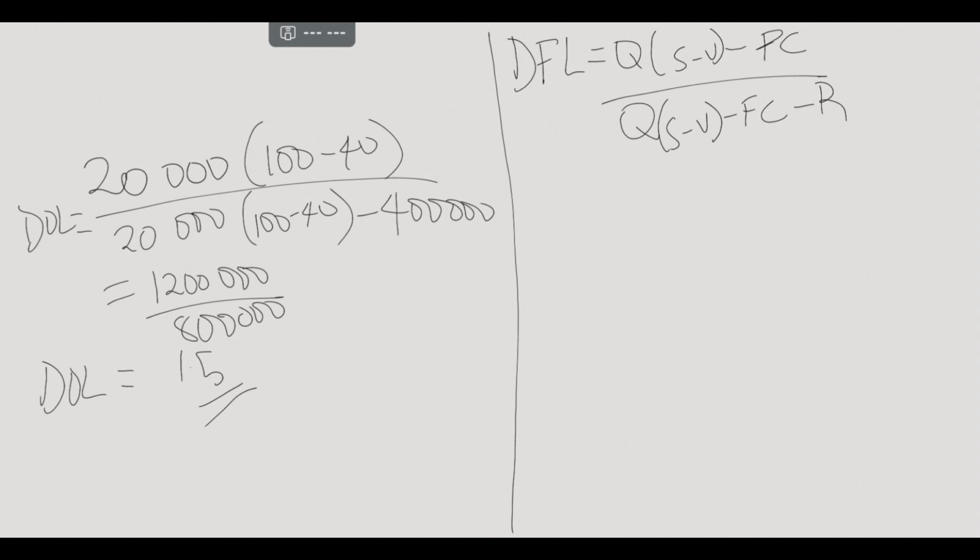We're not told anything concerning preference dividend shares, so we're not going to have the minus DP over 1 because we don't have this in the question, and so it's not going to apply. We only have the rate that was given to us.